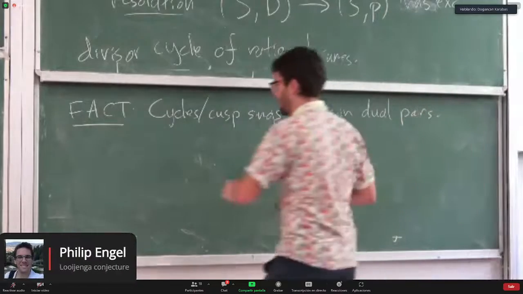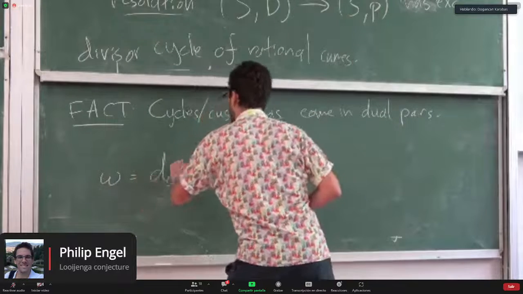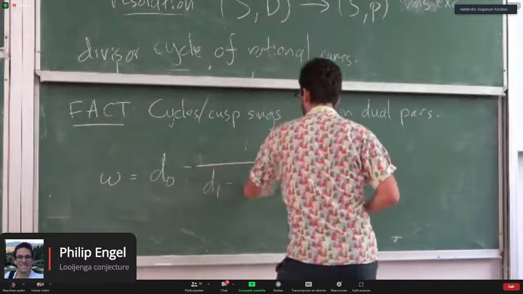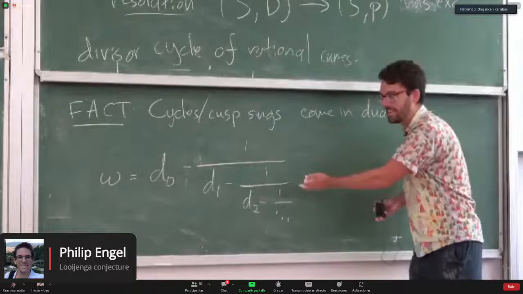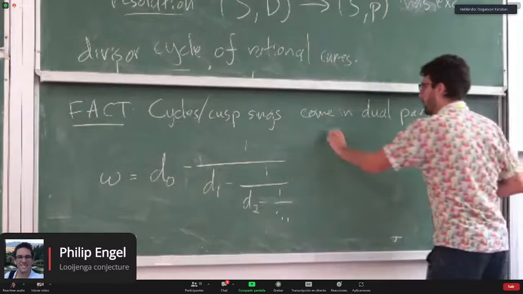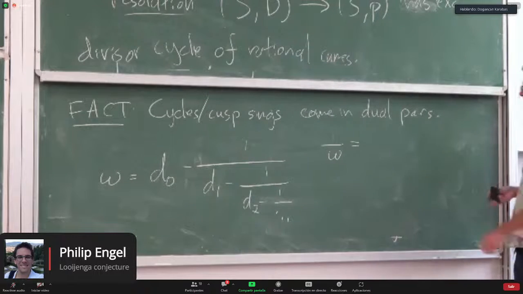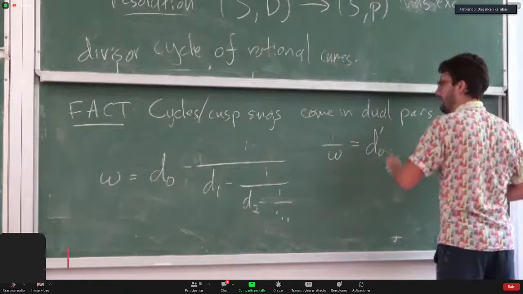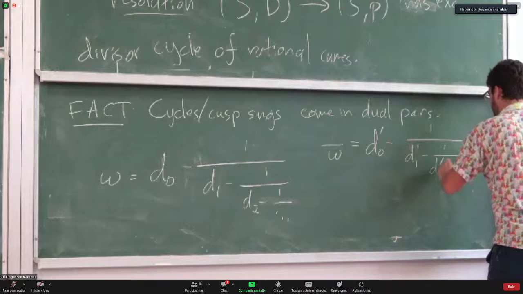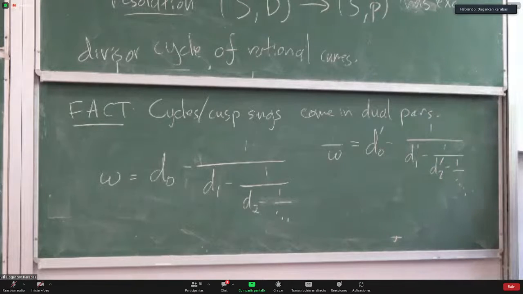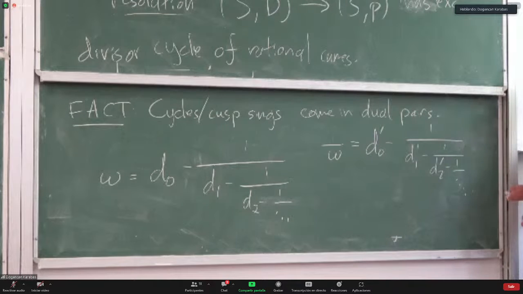Okay, and I will just write down the formula. So if I say that omega is d0 minus 1 over d1 minus 1 over d2 minus 1 over ..., an infinite continued fraction like this, then 1 over omega will also have an infinite continued fraction like this: d0 prime minus 1 over d1 prime minus 1 over d2 prime minus 1 over ... And by definition, the cusp singularity associated to these primes is the dual cycle.